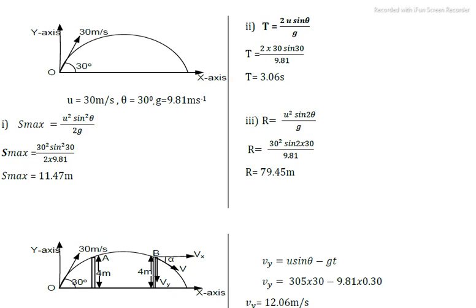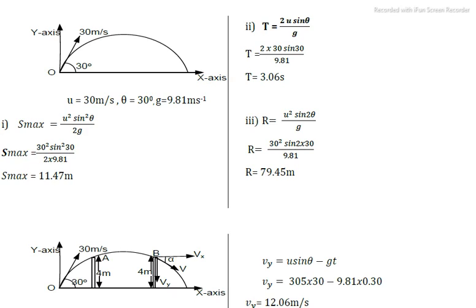Then the time of flight. We saw that the time of flight is twice the time taken to reach the maximum height. Therefore, it is 2u sine theta over g. Still, this is got from the first equation, which says v equals u plus at. But v is 0 because at maximum height the final velocity is 0.